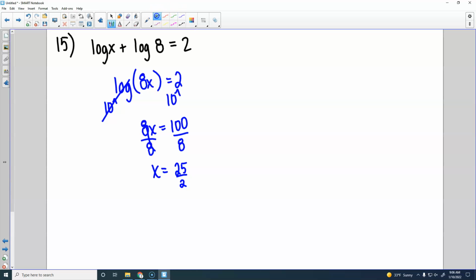Let's look at number 20. For 20, you've got log base 9 of x plus 6 minus log base 9 of x equals log base 9 of 2.